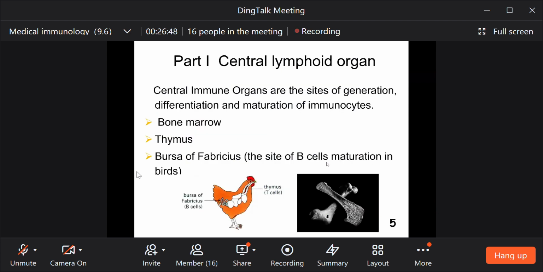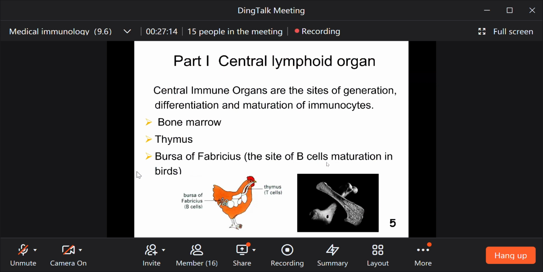Now, okay, we will introduce the organs one by one. At first, we can see the central lymphoid organs. As I said before, the central lymphoid organs include bone marrow and thymus.